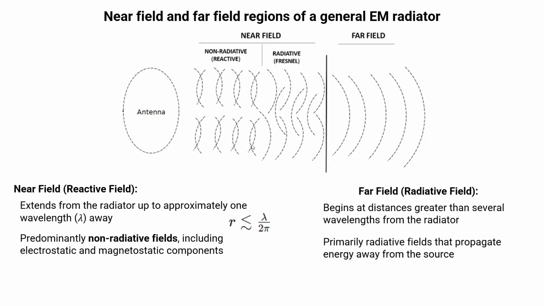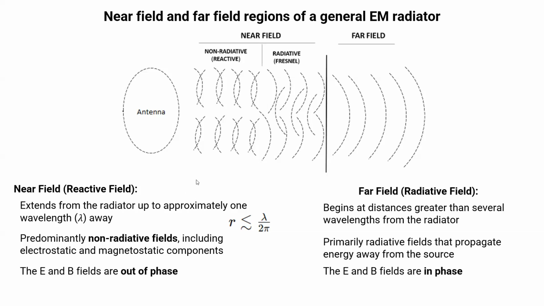If you look at the near field of an antenna, you will see that the Poynting vector of this near field starts at the antenna and then goes back to the antenna. The field distribution is much more complicated, but it starts and returns back to the antenna. So it's a non-radiating field.